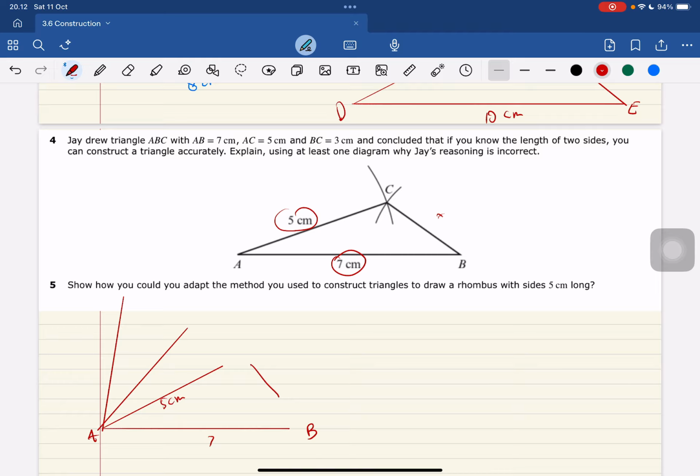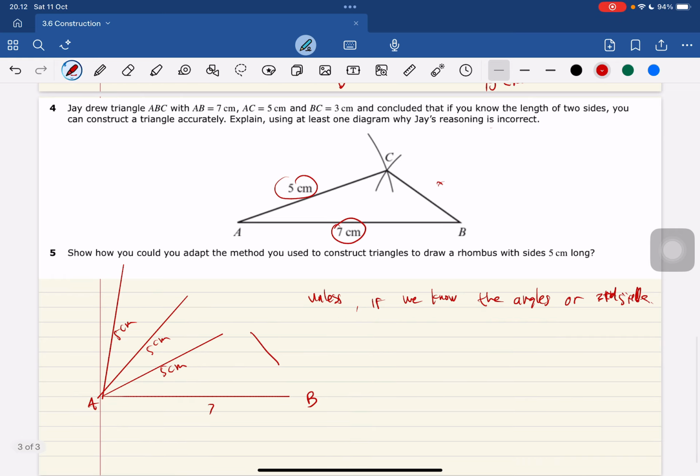So 5 centimeter can be anywhere, unless we know the angle or the third side. So J is incorrect.